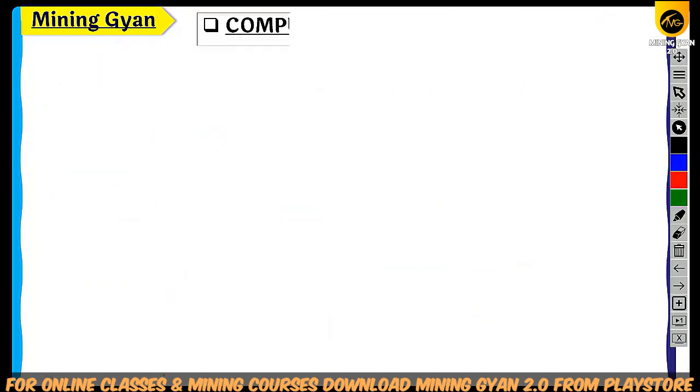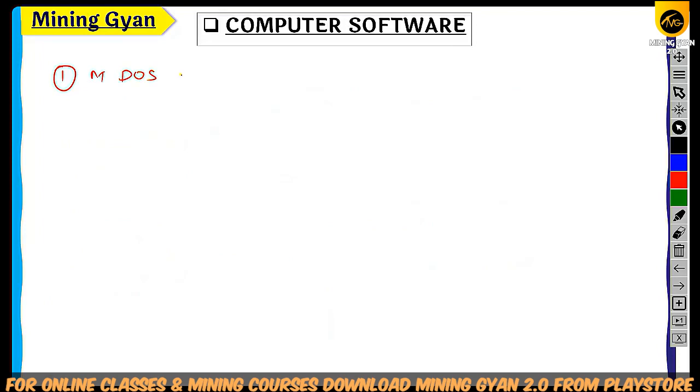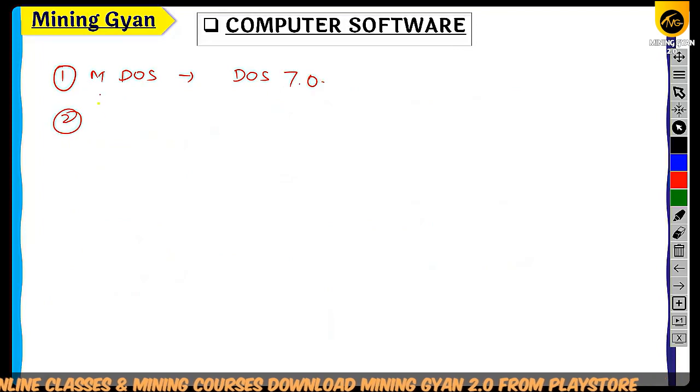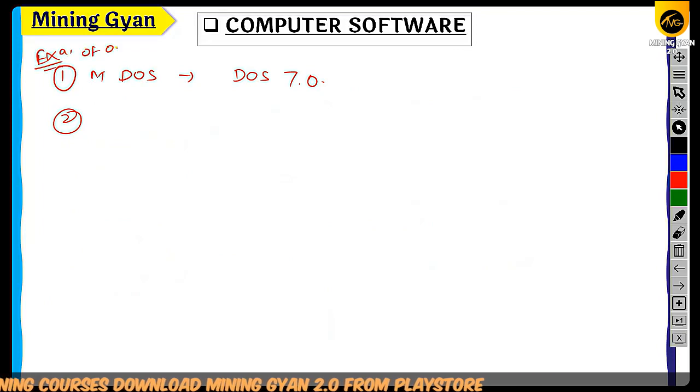Now the examples are MS-DOS, and the latest version of DOS is DOS 7.0. Okay, these are the examples of operating system. MS-DOS, then MS Windows.